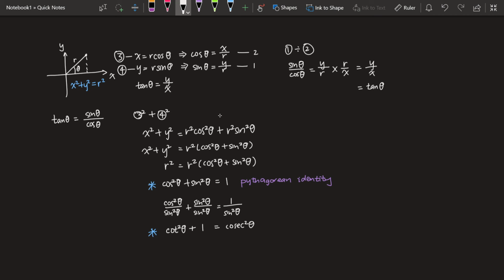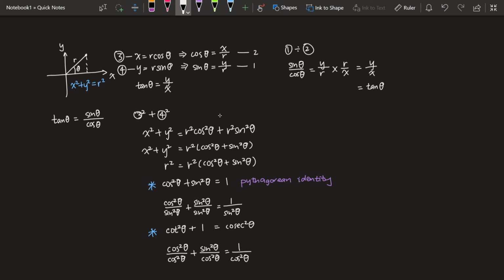So lastly, what if to this equation, instead of dividing by sine squared, I divide by cosine squared. So I will actually get this, 1 over cosine squared theta.